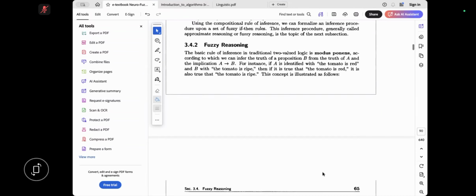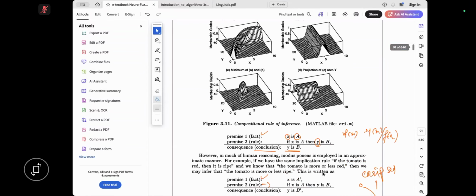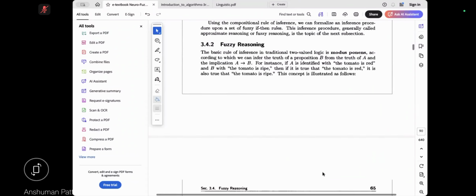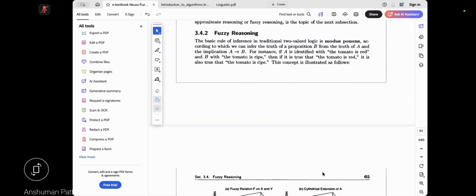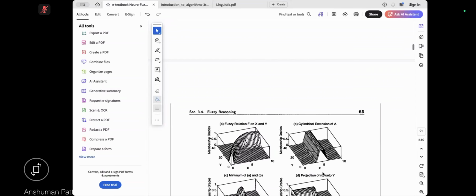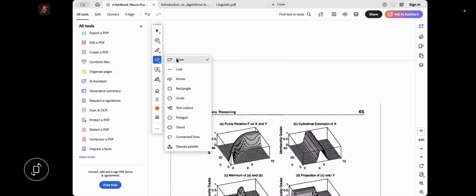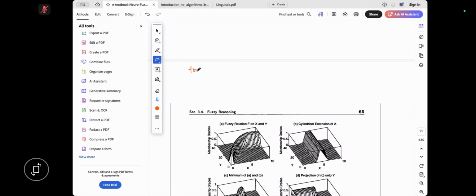Then we will talk about reasoning. See, I've taken the example earlier that if tomato is green, then it's ripe. This is the rule you get.